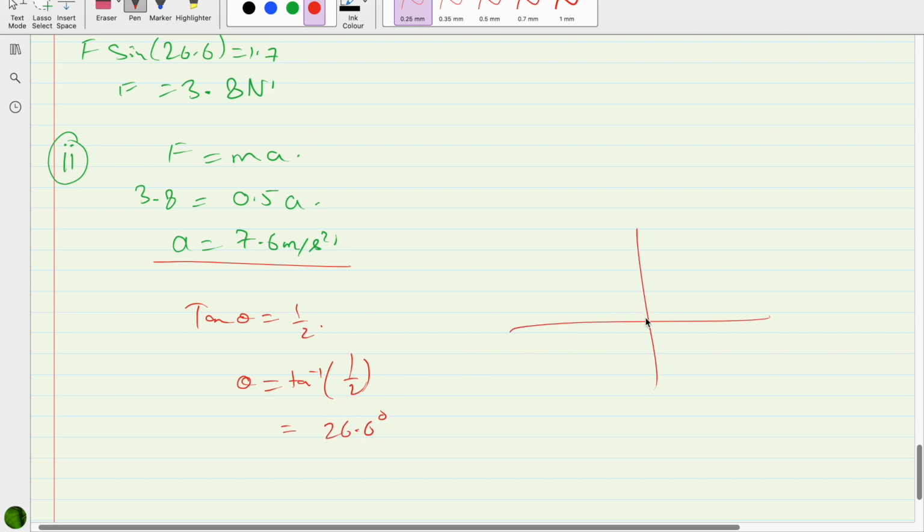degrees. Now see, this was force F, which was 3.8 newtons, and this was the angle 26.6. Now when this is removed, net force is opposite to that, and this is the angle where it would exert that reaction force.